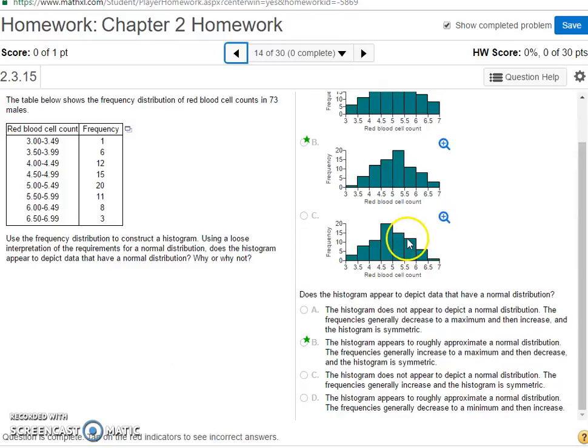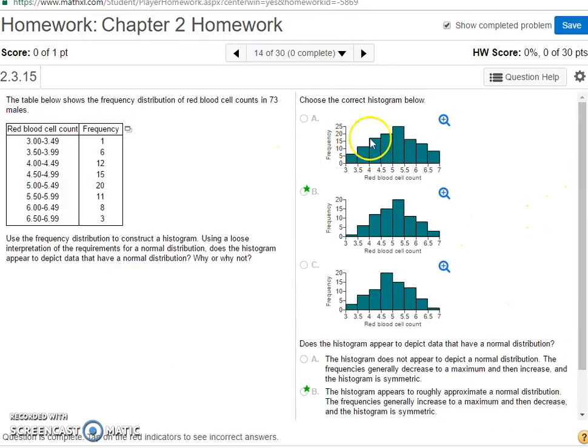So the first part of this group is asking me which of these histograms represents this data. So one thing I know is I can start at the very left. From 3 to 3.49, I should have a frequency of 1. Well, if I look at this guy, that first group there from 3 to 3.49, that's more than 5. He's definitely not right. This guy's about 3. He's definitely not right.